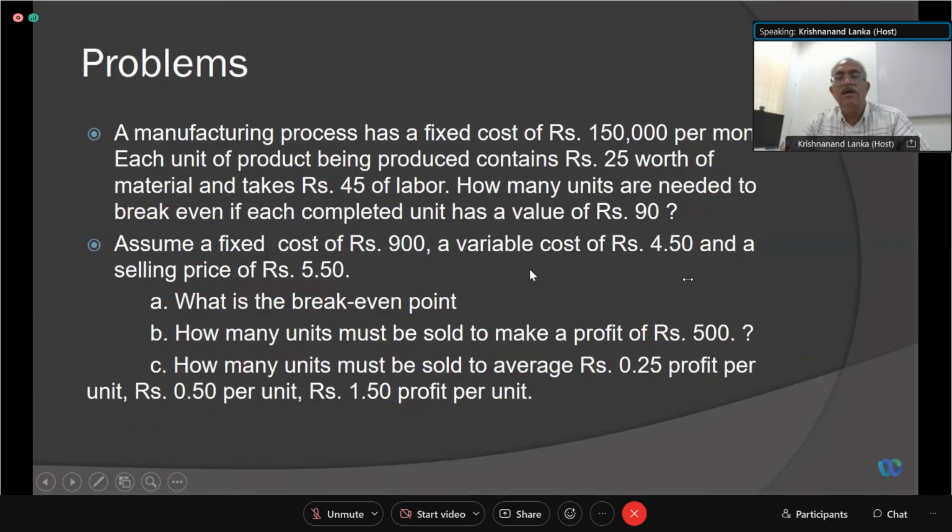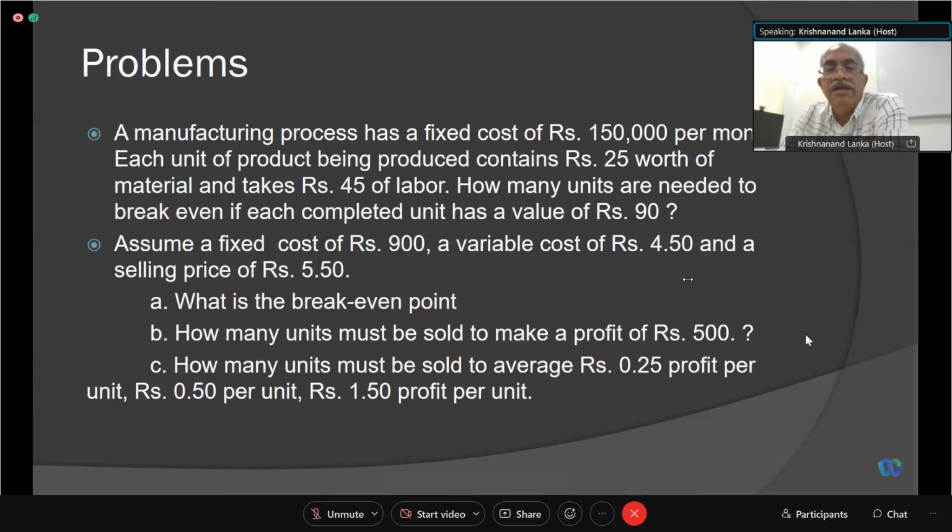So here we have one more example. A manufacturing process has a fixed cost of 1,50,000 per month, right? And each unit of product being produced contains 25 rupees worth of material and takes 45 rupees of labor.